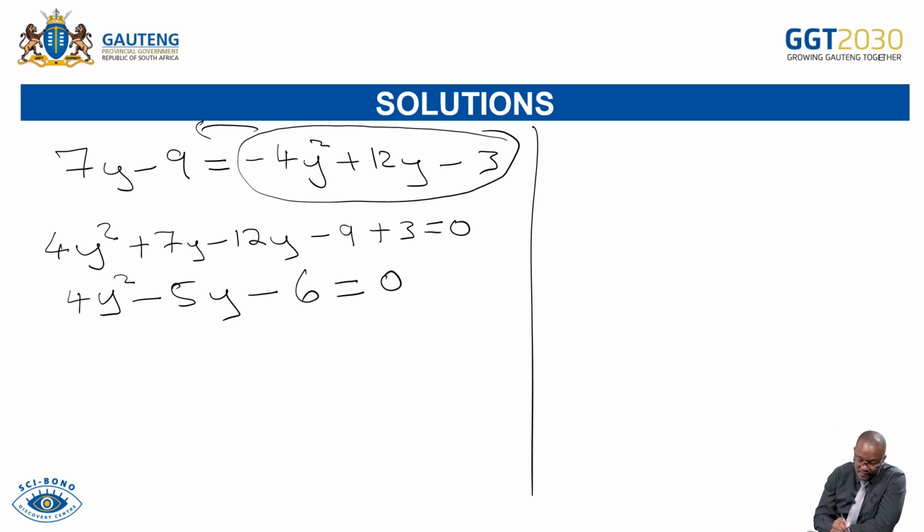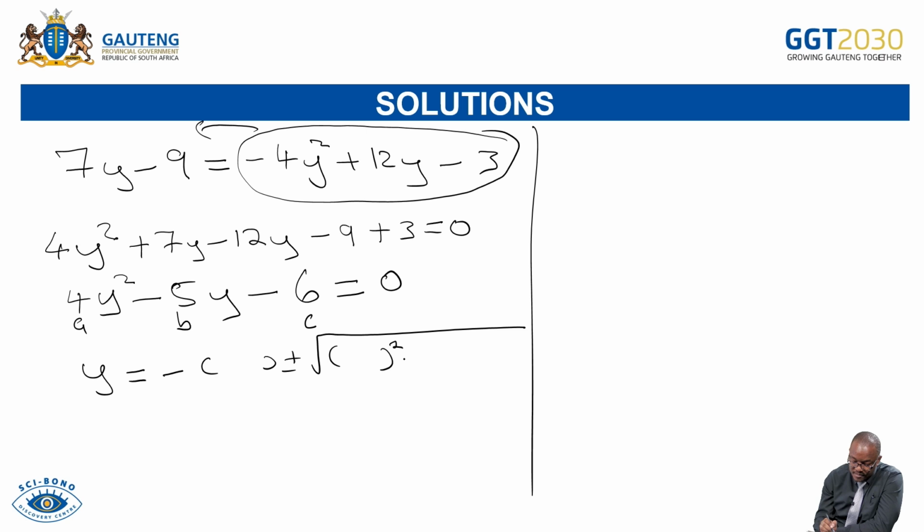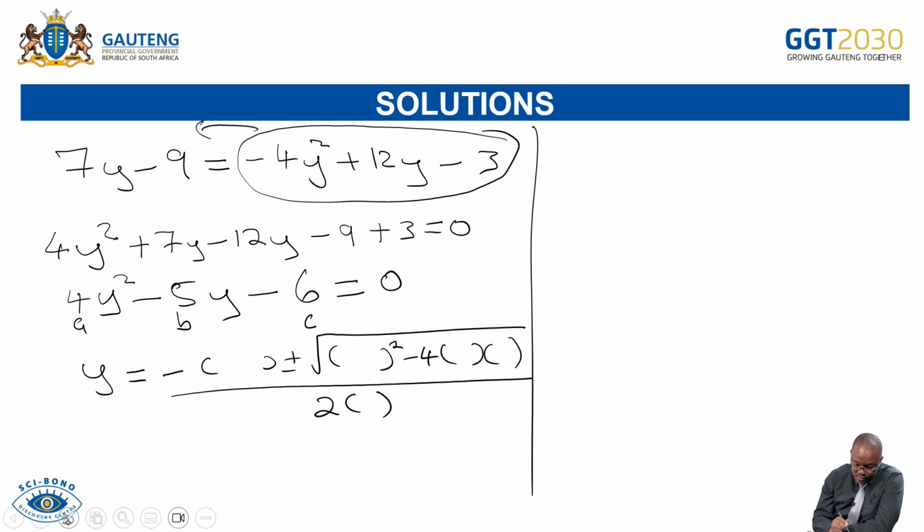Then now we're going to have our a, b, and c. We're going to have y equal to, then we use our quadratic formula. We have negative 5, then 4 and negative 6 and 4.